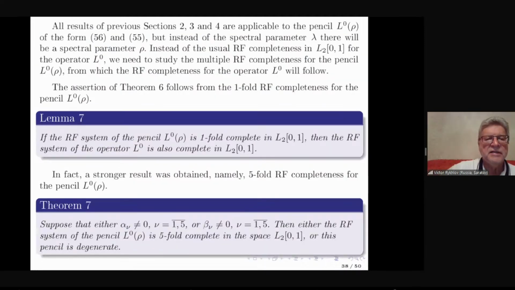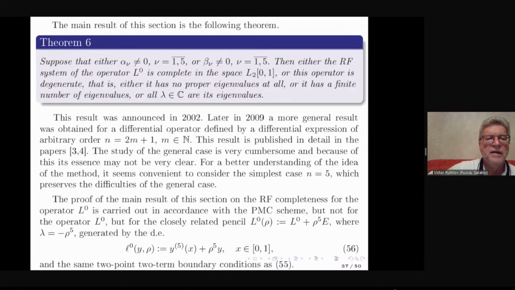The main result is that theorem 6 gives the main result. Suppose that either alpha nu is not equal to 0, nu from 1 to 5, or beta nu is not equal to 0, nu from 1 to 5.